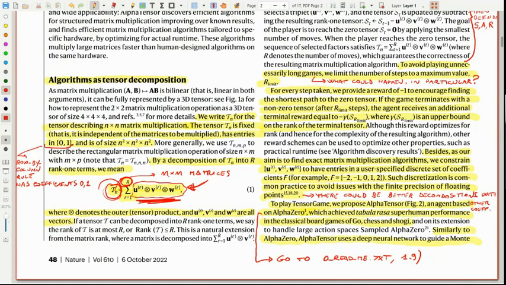In particular, for the 2x2 algorithm, originally we have 8 multiplications, but if we can find a decomposition with R equal to 7, then we have a new algorithm which is more efficient because it has one less multiplication. Is this clear up to now?